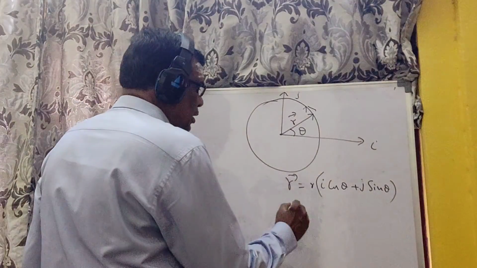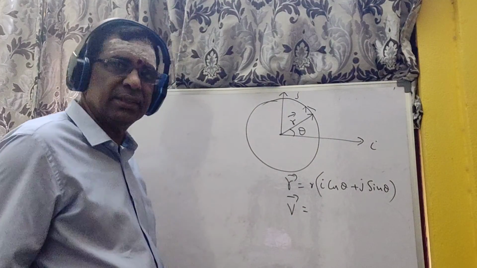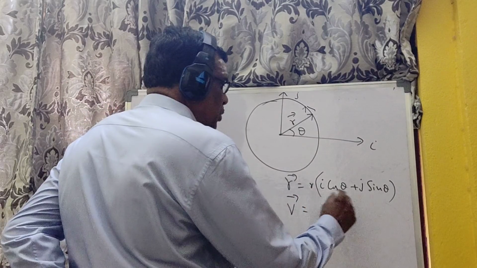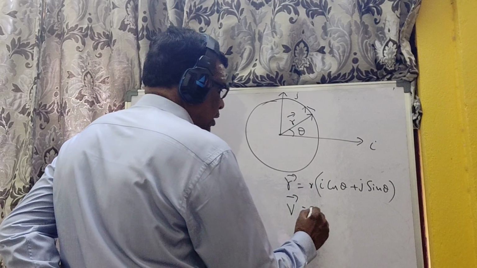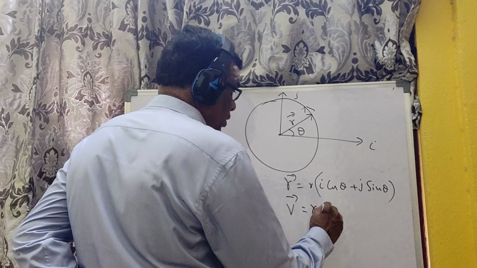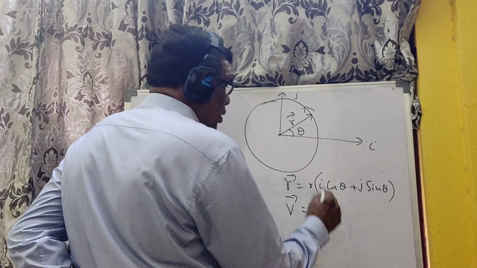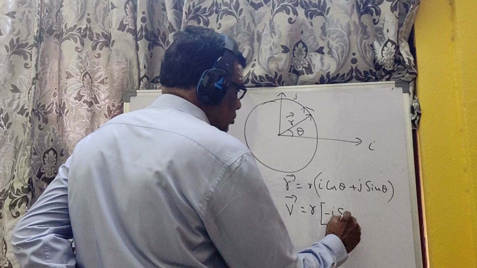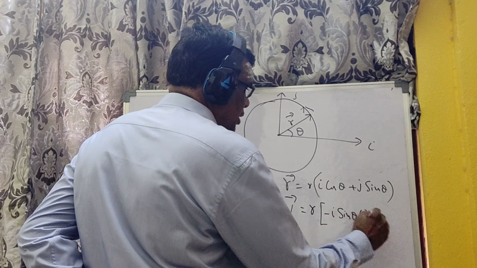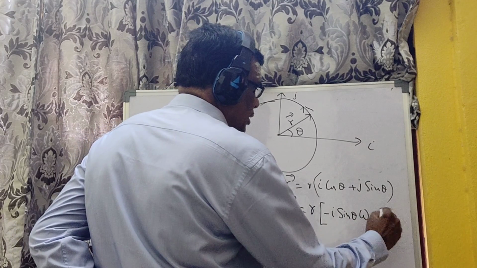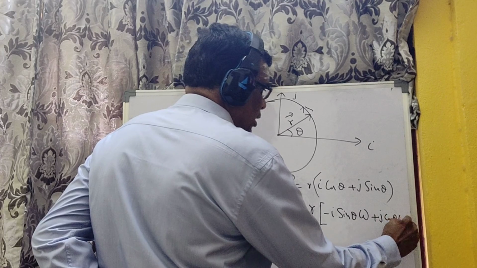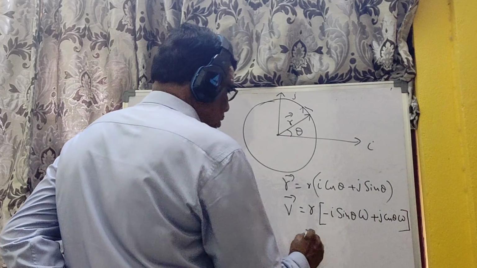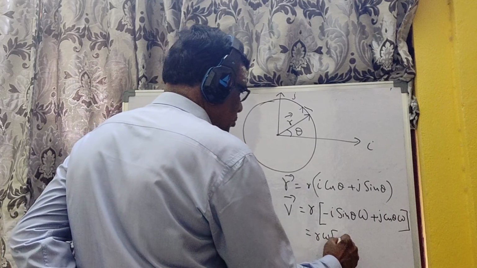Once I differentiate this, you get minus sin theta d theta by dt, which is omega, and cos theta times omega.